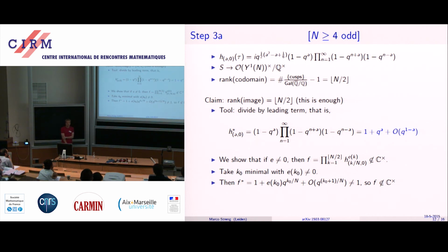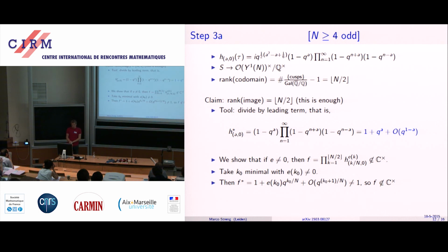Now, suppose e is non-zero, then we could take k0 to be minimal, the minimal number such that e of k0 is non-zero. And if I do that, and I take f, where the star again means divide out by the leading term, so you get something that starts 1 plus whatever. Well, this f star is a product of the h stars to some powers, and the h stars are the things over there, the 1 plus q to the a plus higher order terms.